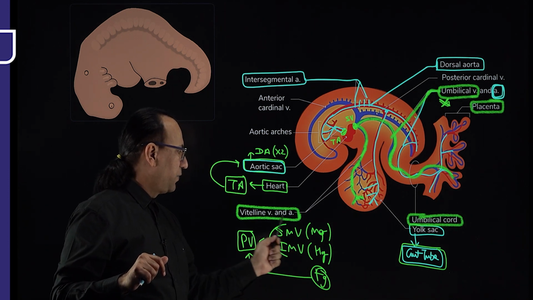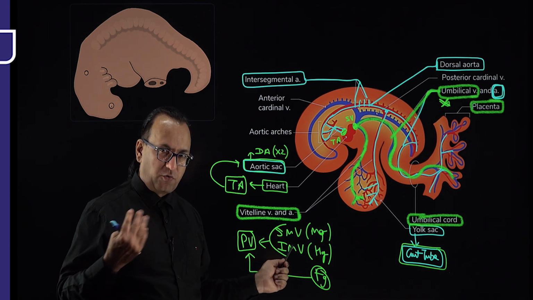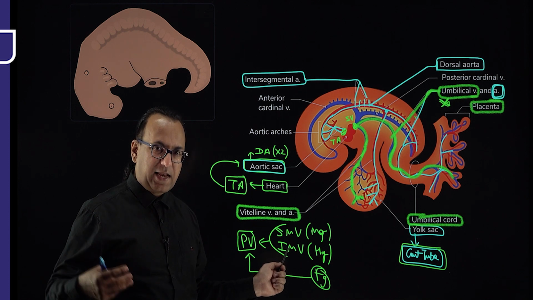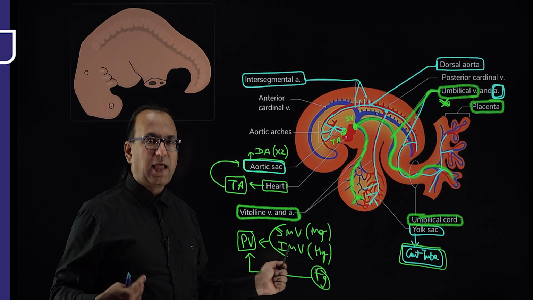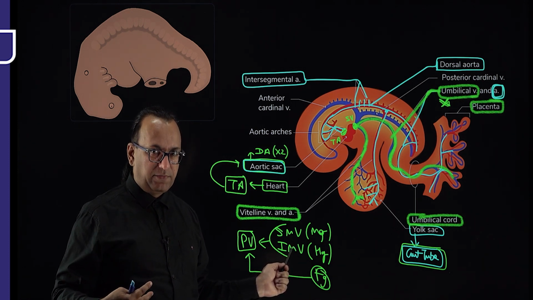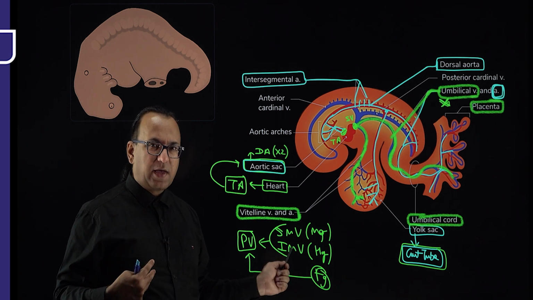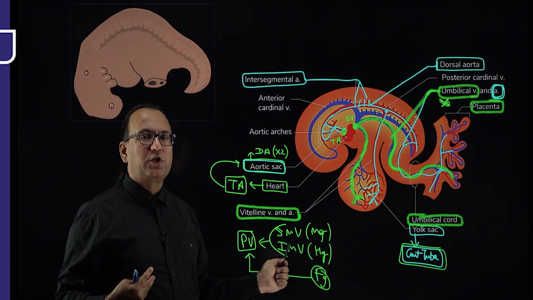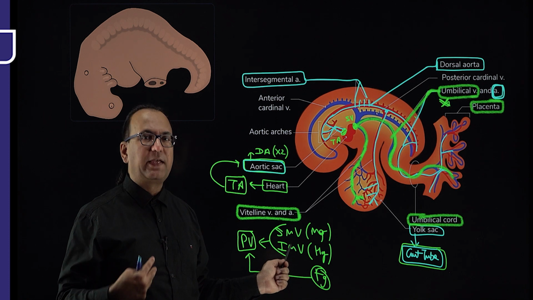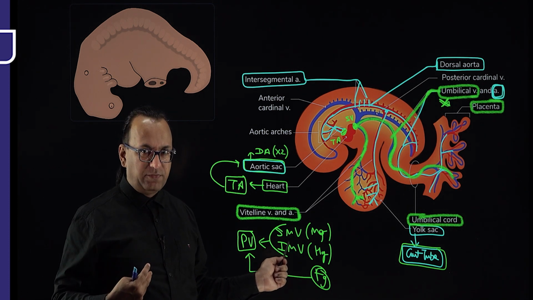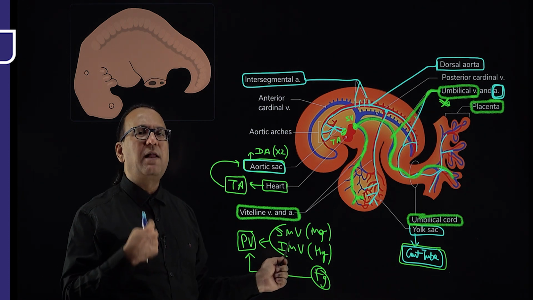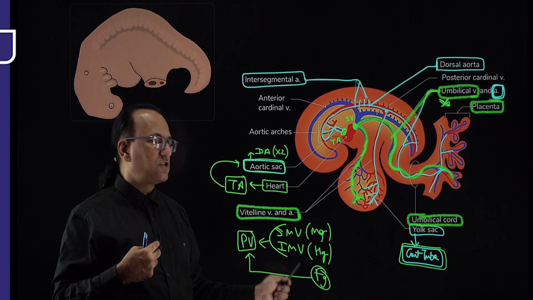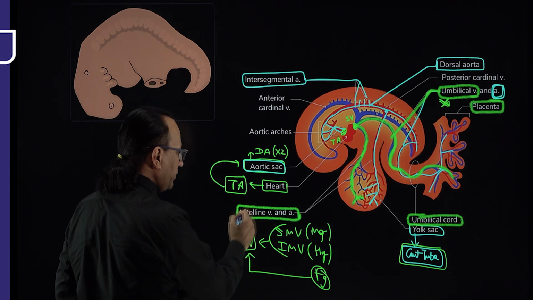As we understand, these veins are supposed to collect the nutrients from the intestine and carry them to the liver for metabolism, and then the metabolites from the liver should reach the heart. That is why the hepatocardiac portion of the inferior vena cava, which carries the metabolites from the liver towards the heart, the terminal portion of the inferior vena cava, is also contributed by the vitelline vein.